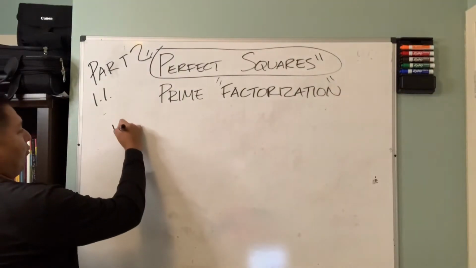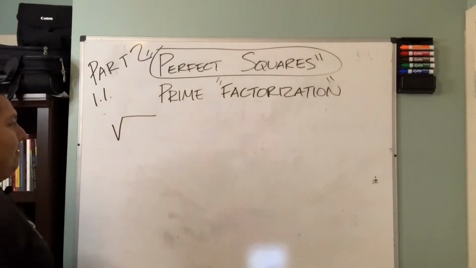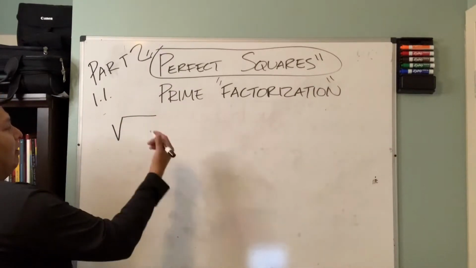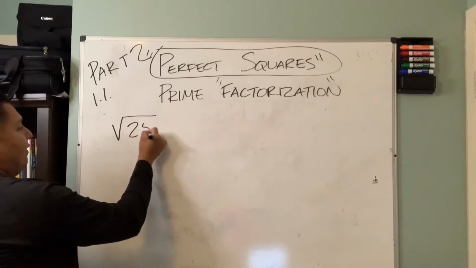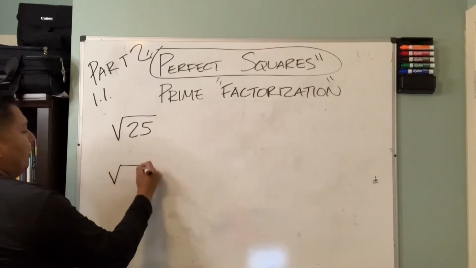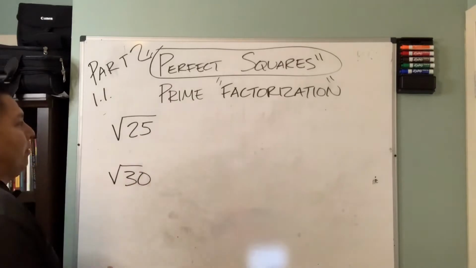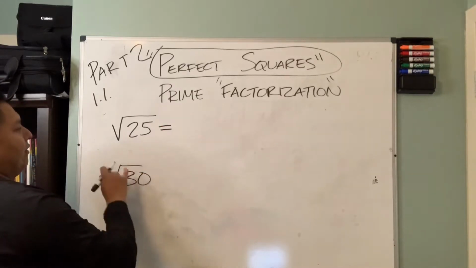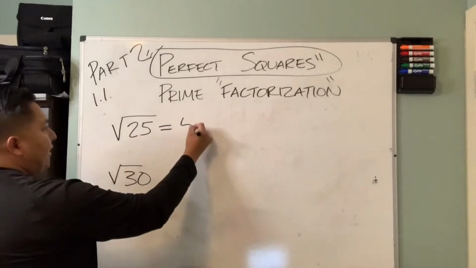This is what you would call a radical sign. So if we have the square root of 25 and the square root of 30, we could say that the square root of 25 is 5. Why?